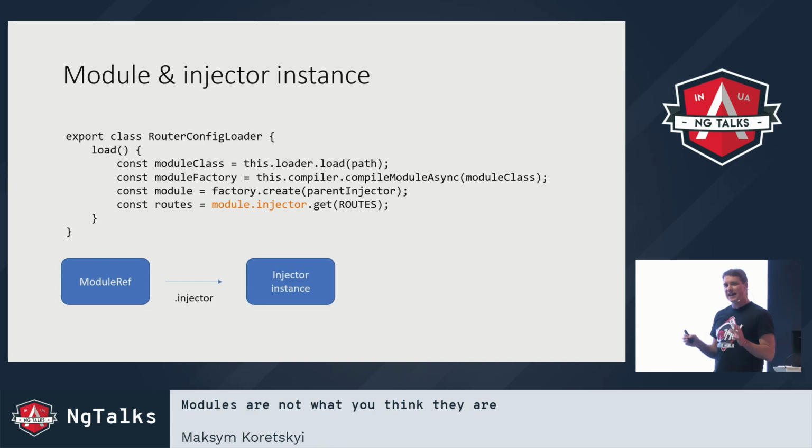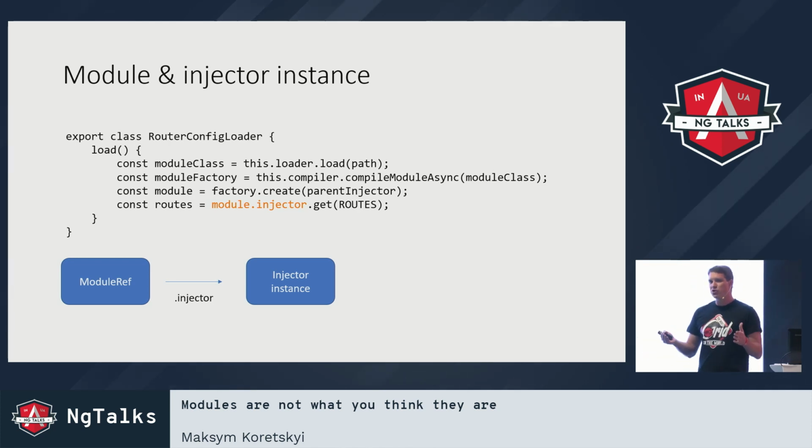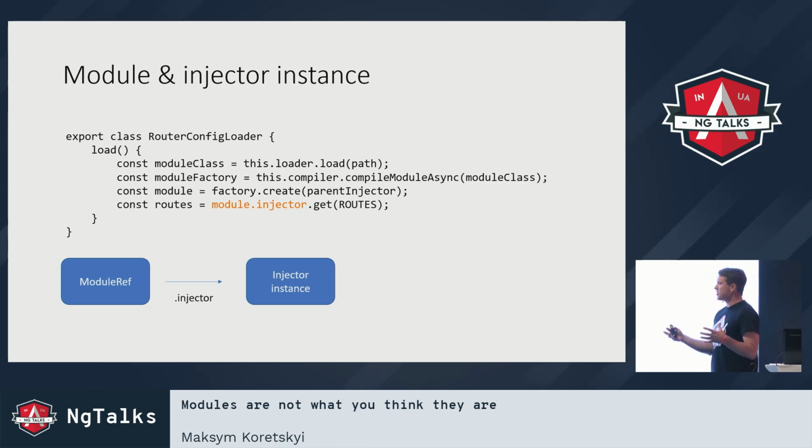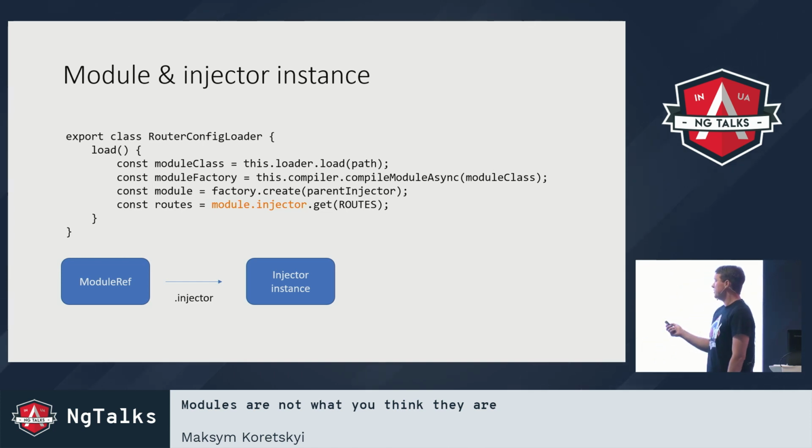It's interesting that in Angular, internally, there is no difference between a module instance and an injector. Basically, a module instance is an injector. So this injector, you can guess, will have all the providers that you've provided in the module that was compiled. Here, the router simply uses some token, the routes token, to retrieve these routes from the injector.